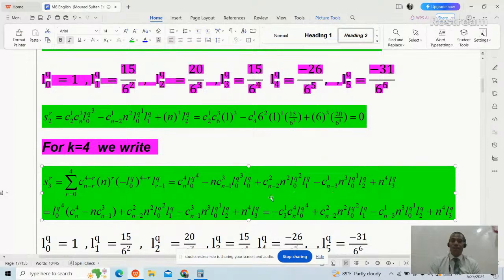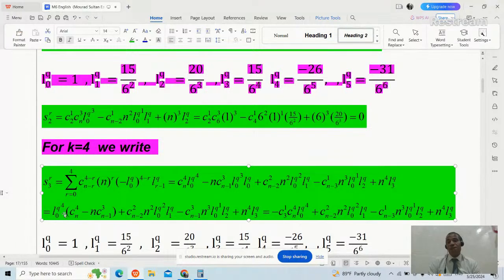Now you can continue simplifying, learners. You can see that L0 for the q raised to the power 4 is the same as L0 for the q raised to the power 3 multiplied by L0 for the q, which means I should put this outside the brackets because it is a common factor between these two terms, raised to 4 and 3.